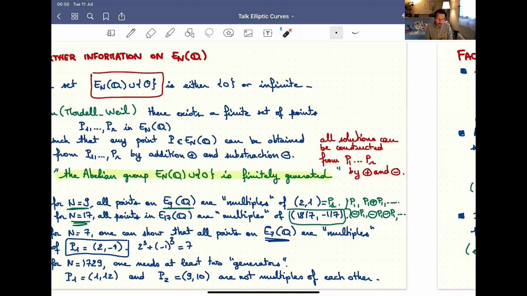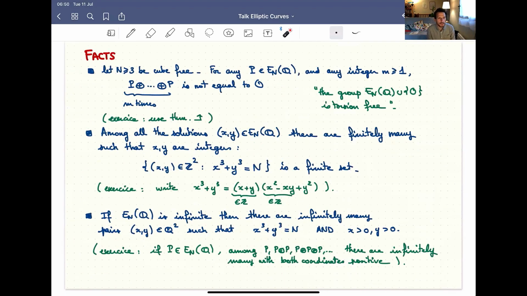And just to conclude, some things to think about, which I'll just state as facts, and you can think about it. Those are exercises which are doable, I guess, but they are maybe a bit hard. But there are 3 facts.